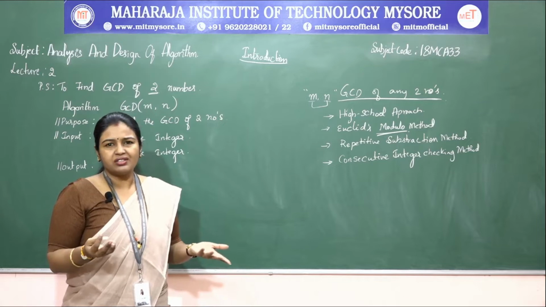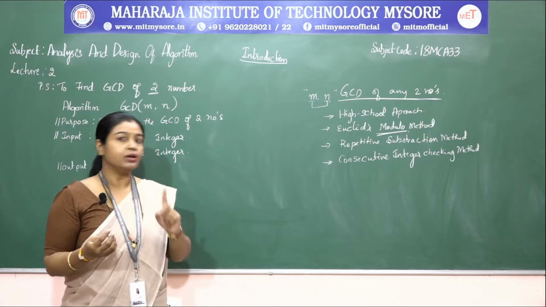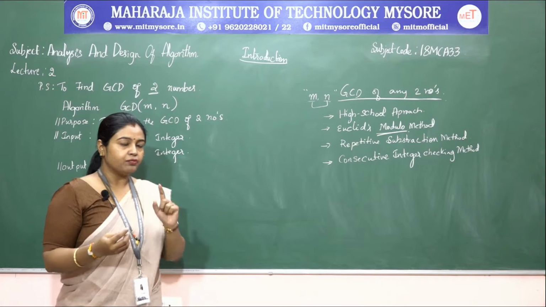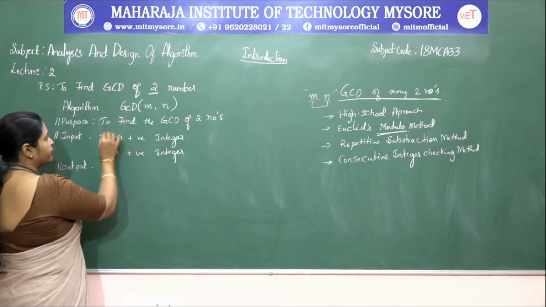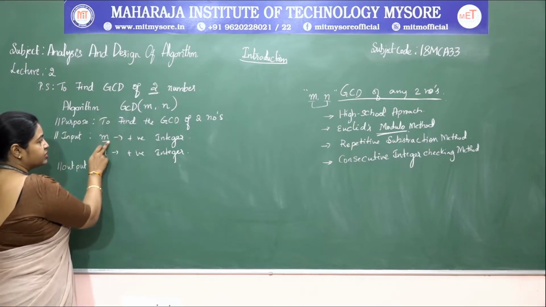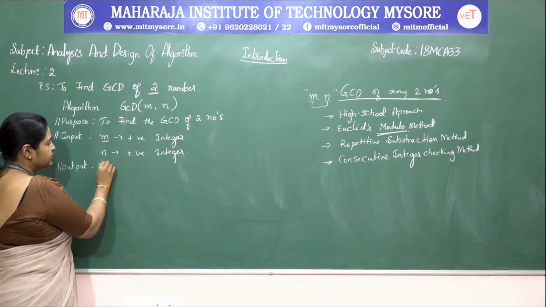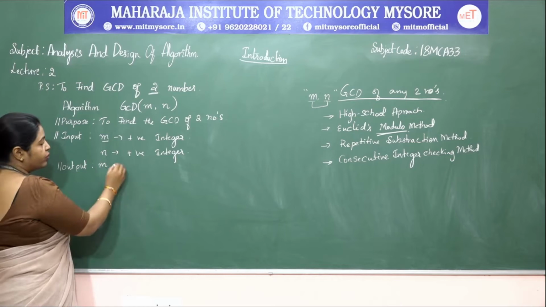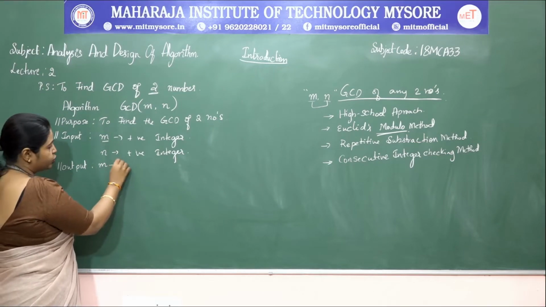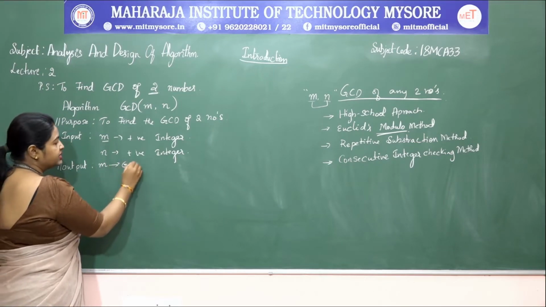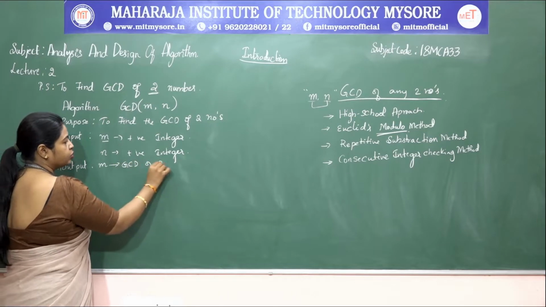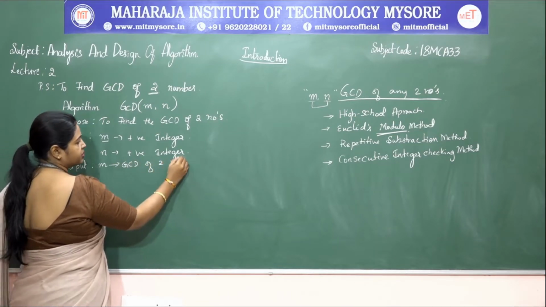So that is not the GCD. Definitely the first number will hold the GCD. Therefore, in the first number m itself we will have the GCD. So m holds the GCD of two given numbers.